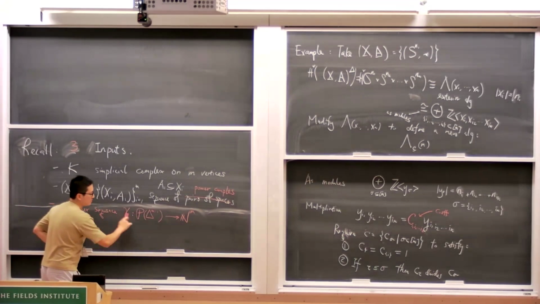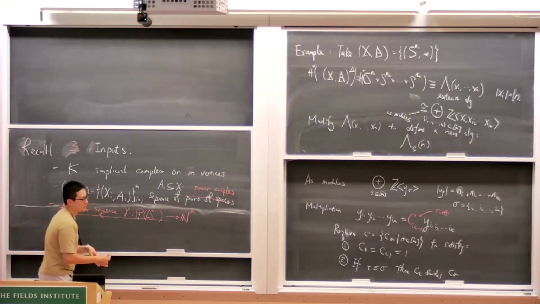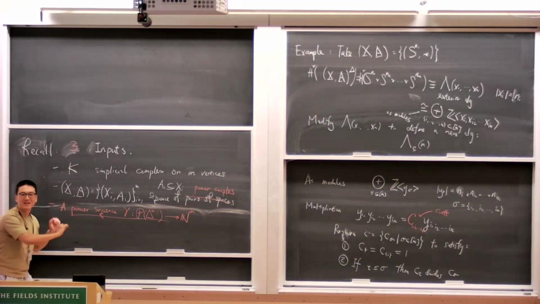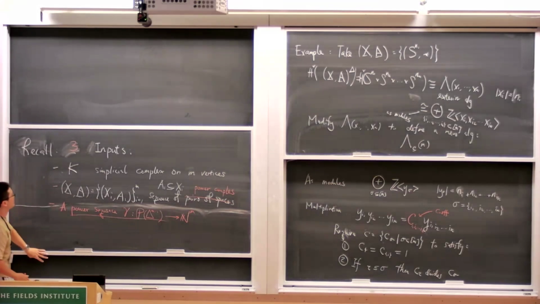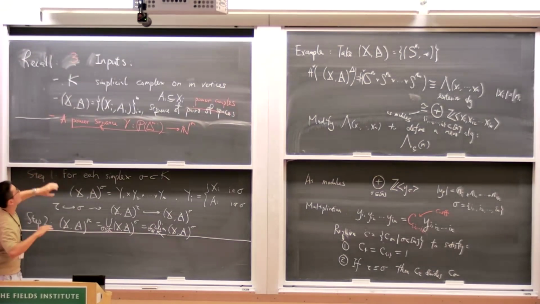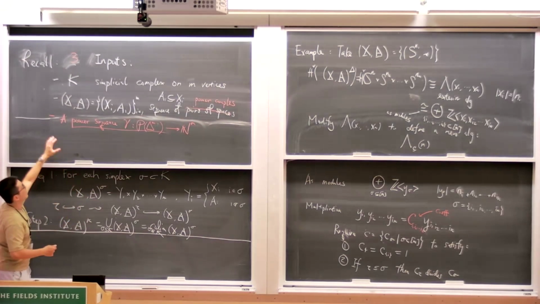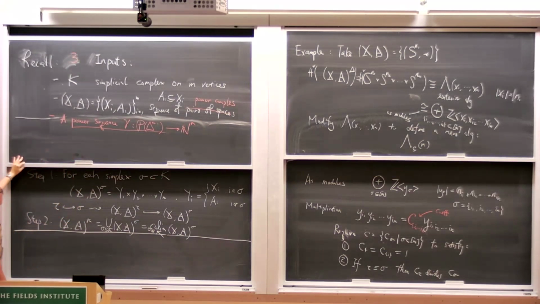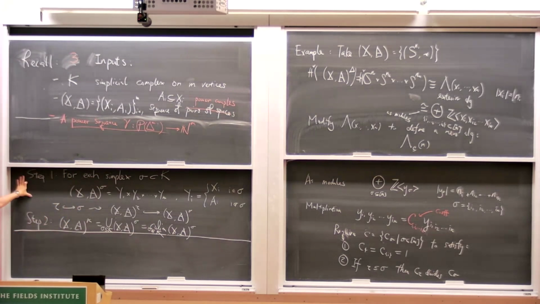We need this one to ensure some coherency issues that I'm going to explain later as well. But in the end, the overall picture is that now we modify the input parameters, and then we try to construct the weighted polyhedral products, same as before, but with some modifications. And now I'm going to talk about this.